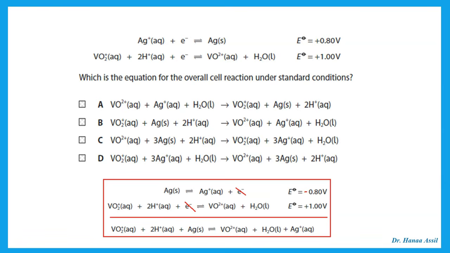So the oxidation of silver solid to go to silver plus, and that means we need to invert that equation, and that means we need to invert the sign of the E note. Then we make sure the number of electrons are equal, cancel whatever is the same on both sides, and the overall equation would be this one.